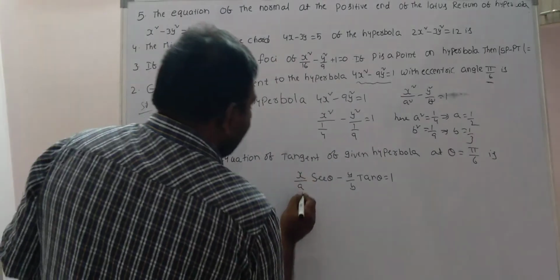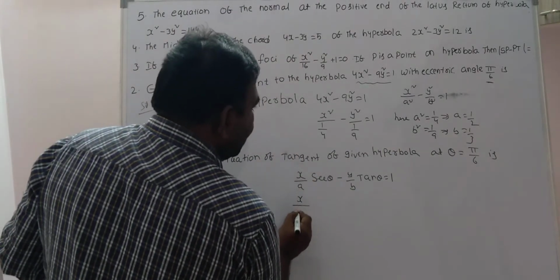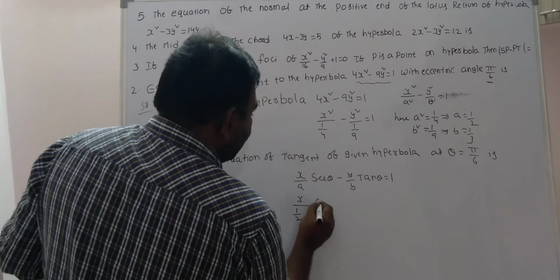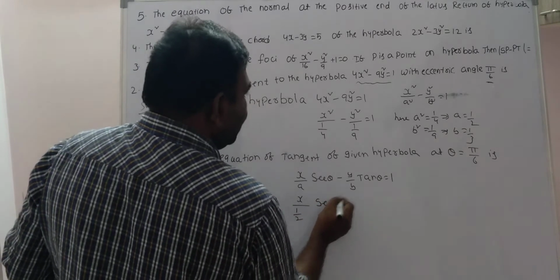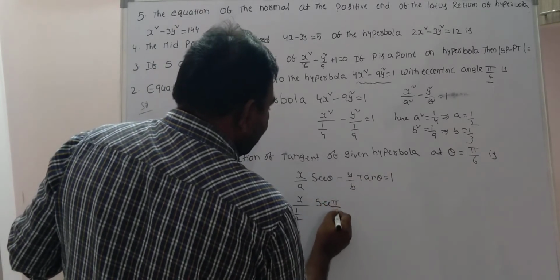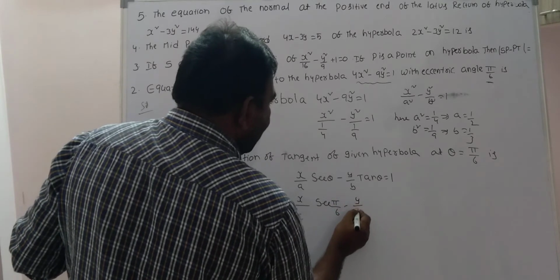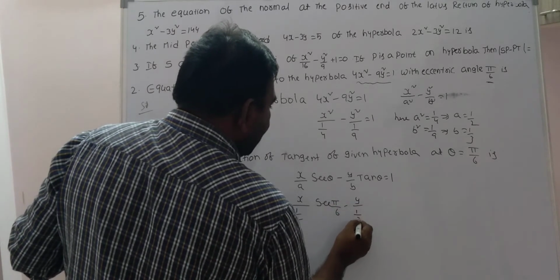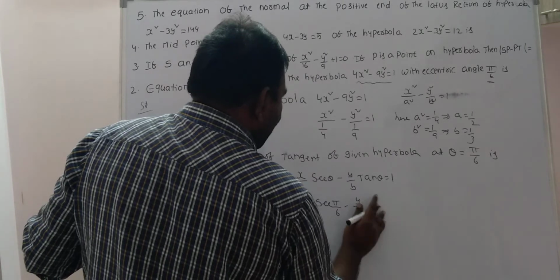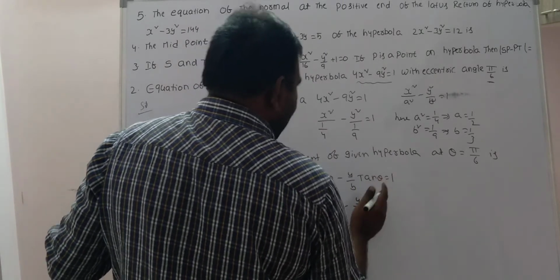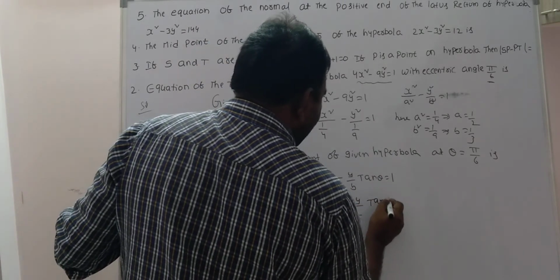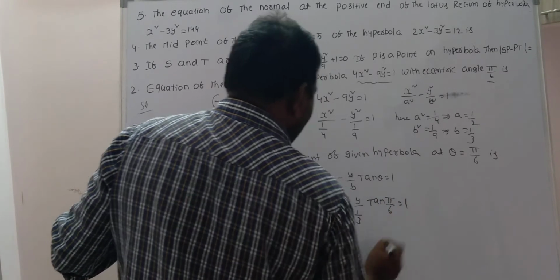So here x by a, value 1 by 2, secant theta, with theta pi by 6, minus y by b, value 1 by 3, also tan theta, tan pi by 6, is equal to 1.